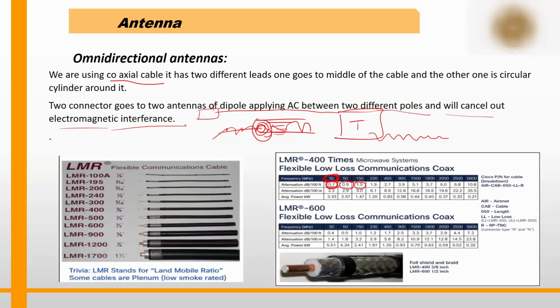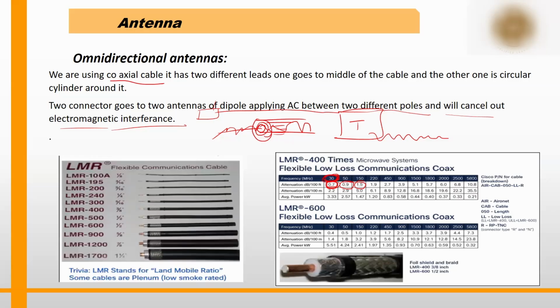That means, 1 hertz means what? 1 hertz is 1 cycle per second. So per 1 second, how many cycles are happening here? 150 megahertz, right?